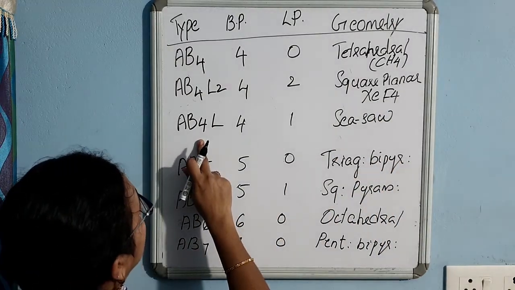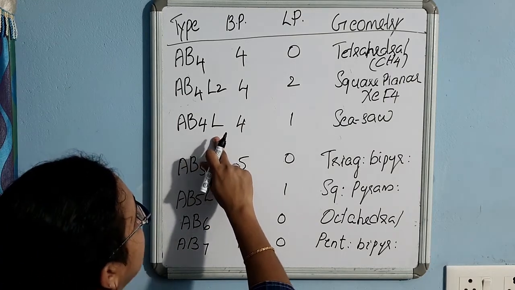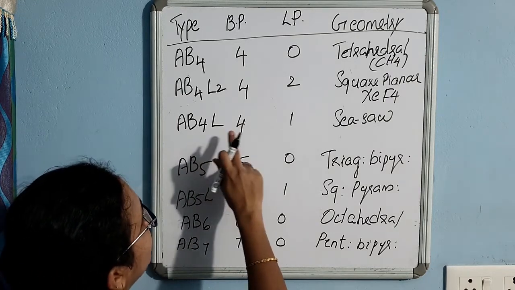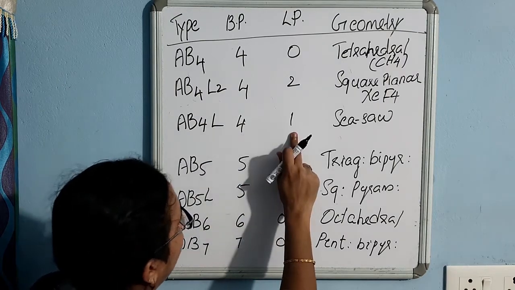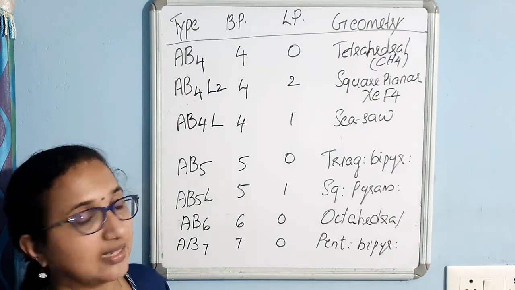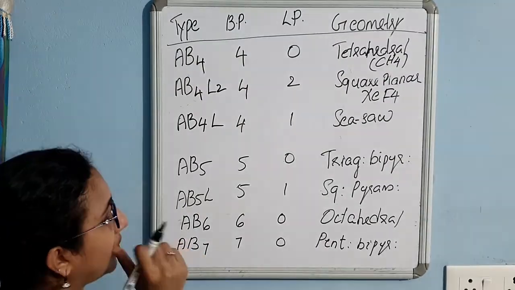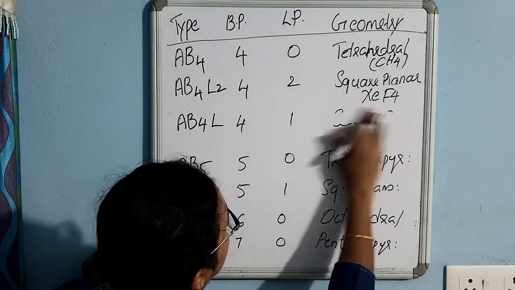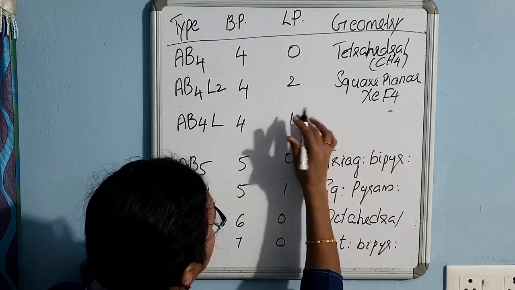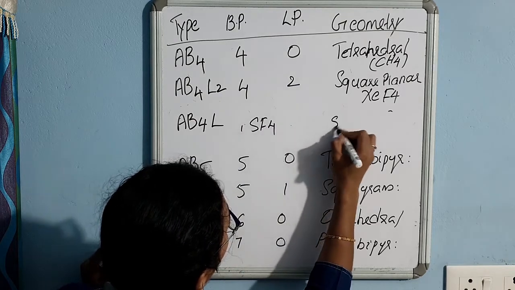Then we have another type AB4L. This also we didn't discuss in the hybridization part. AB4L means we have 4 bond pairs and 1 lone pair. It also has sp3d hybridization, but the geometry will be seesaw shape. Example, let's say SF4.